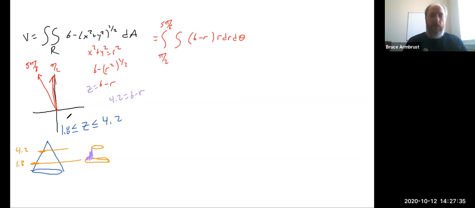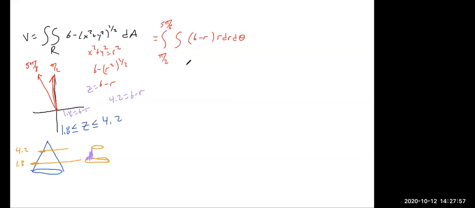If we have the 1.8, okay, well 1.8 is going to equal 6 minus r. And we can solve both of those things for r. So what do you get for r for those two? R equals 4.2 and 1.8.